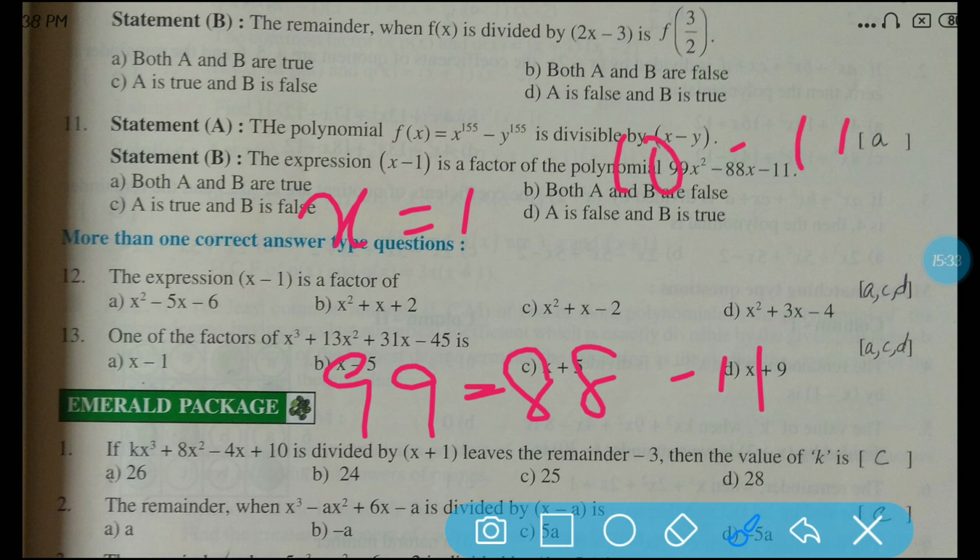This one will be 11 minus 11, so obviously it is 0. So it is a factor. So check this. This is the procedure for doing this. I did it in a very shortcut way. If you want, you can take a screenshot and write it correctly and in detail.